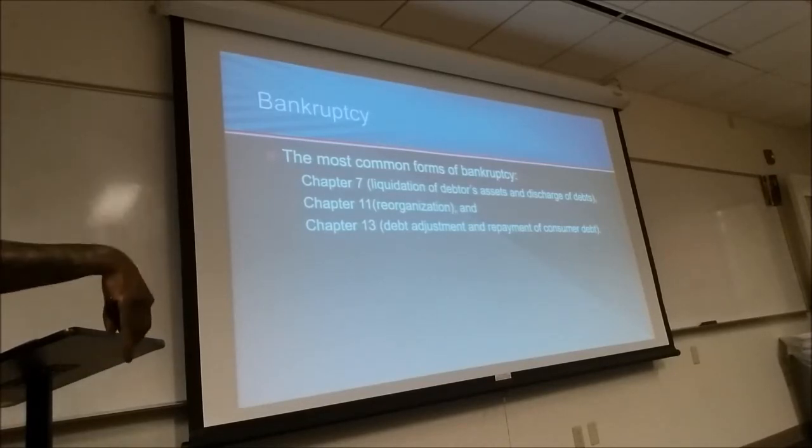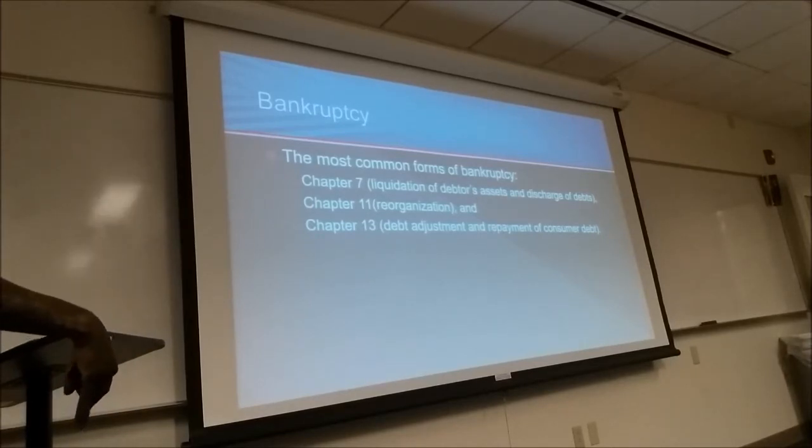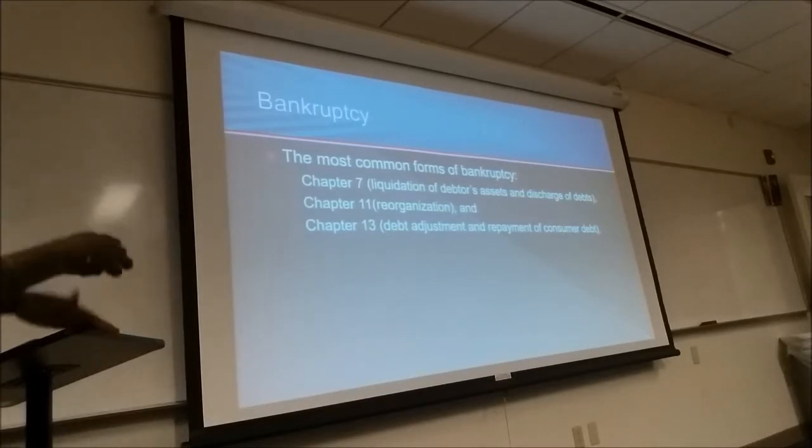That real property is the security, the collateral for that loan. If you were to go into some type of bankruptcy court, that particular creditor is going to come first. It just depends on how things stack up.